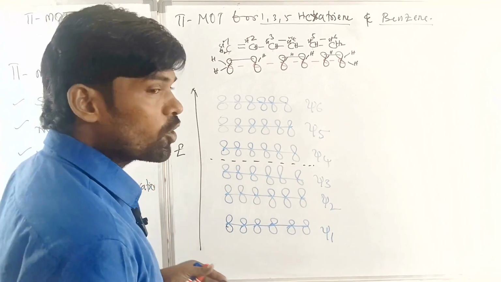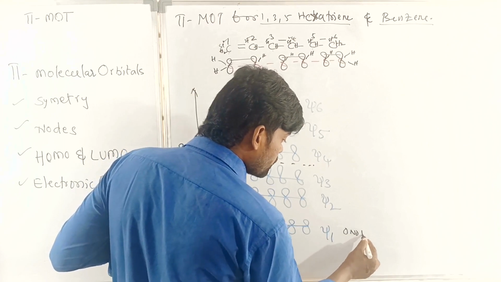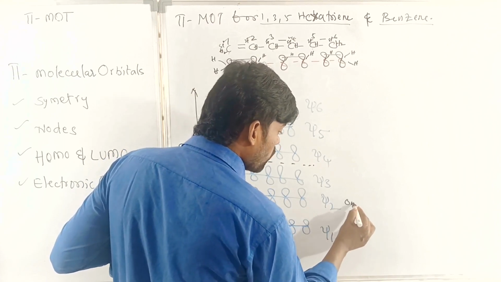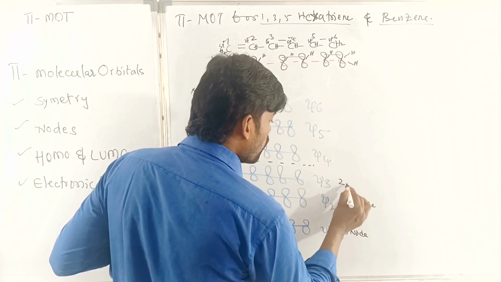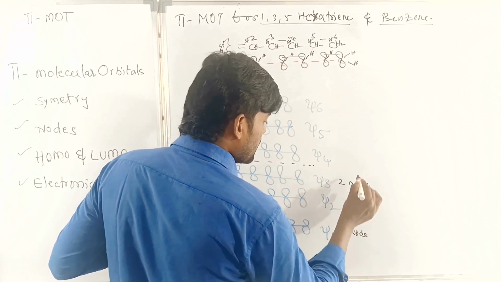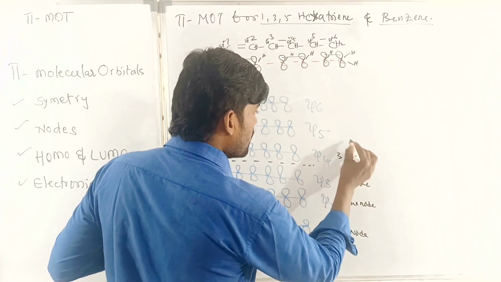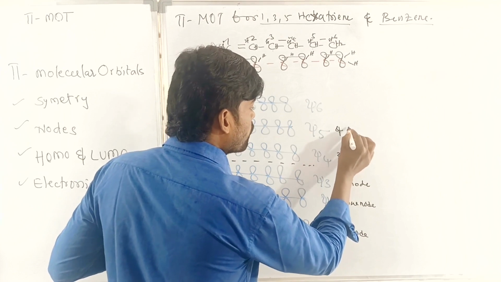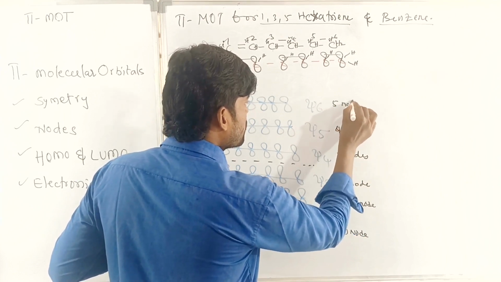That is nodes. Psi1 has 0 nodes, Psi2 has 1 node, Psi3 has 2 nodes, Psi4 has 3 nodes, Psi5 has 4 nodes, Psi6 has 5 nodes.